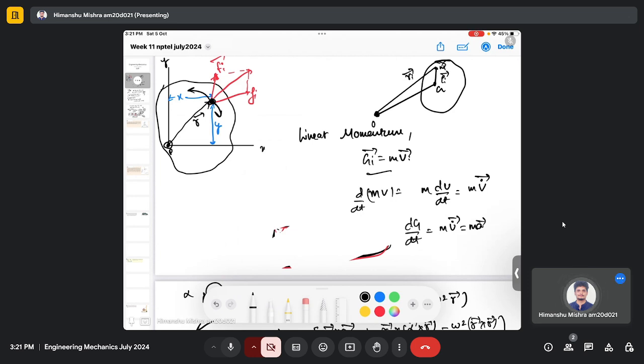And you can see that this ma is actually the summation of force that we discussed at the beginning of the class. So from this equation we can see that the rate of change of momentum is given by the summation of force, right?